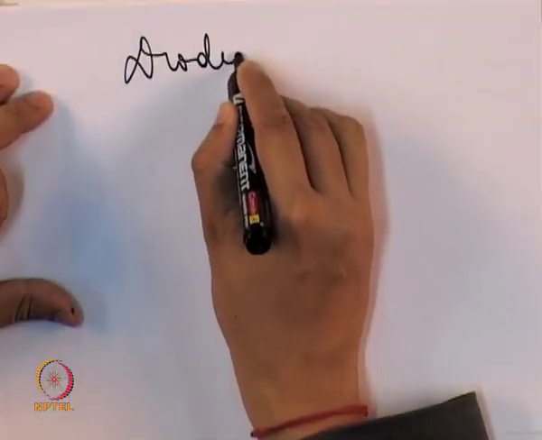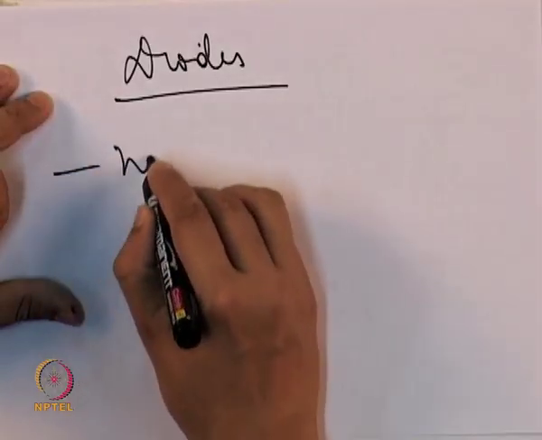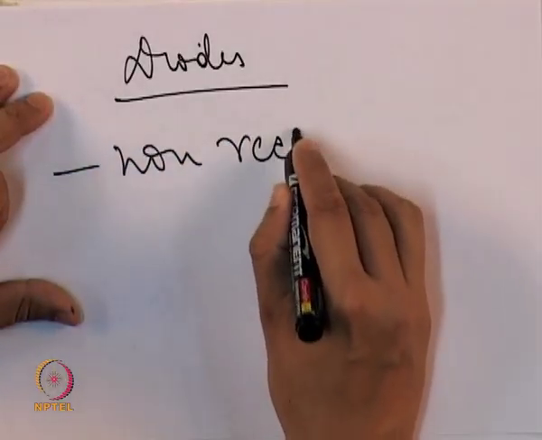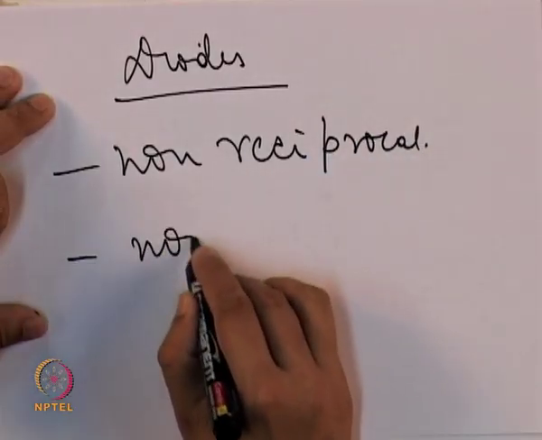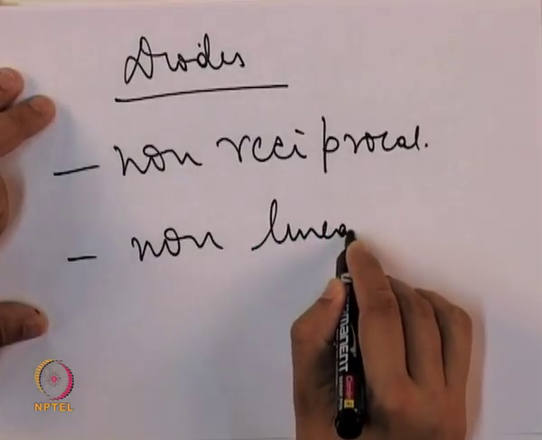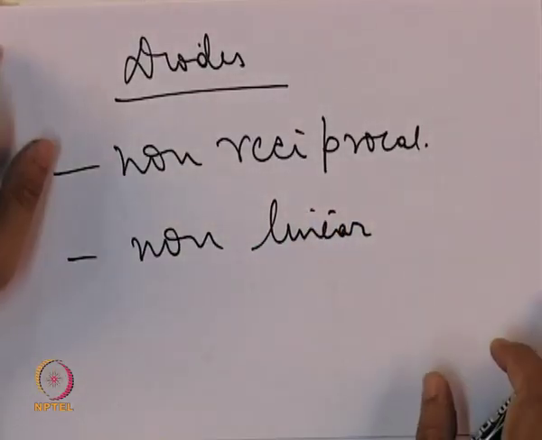So, we can write that diodes are an example of non-reciprocal and non-linear components. Now, ideally, how should a diode operate?